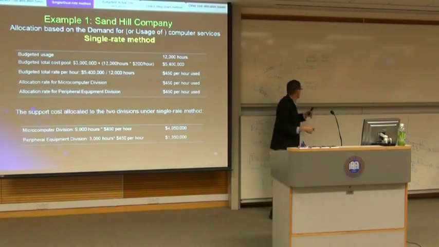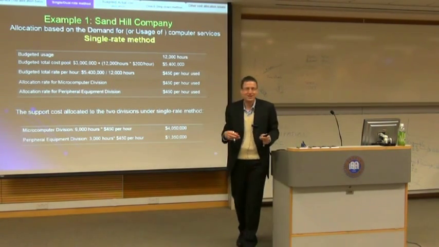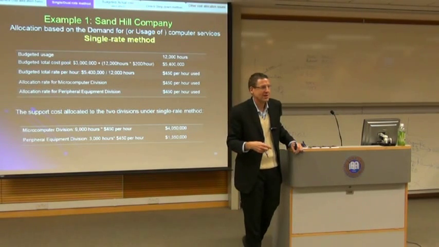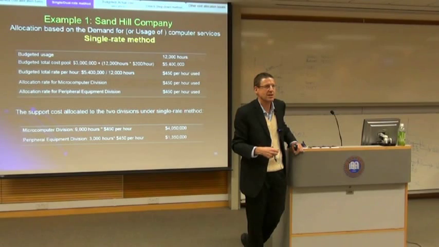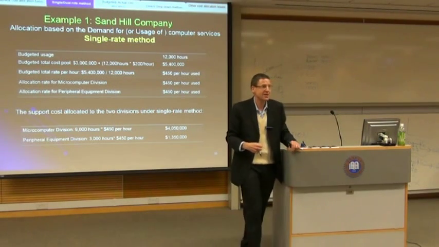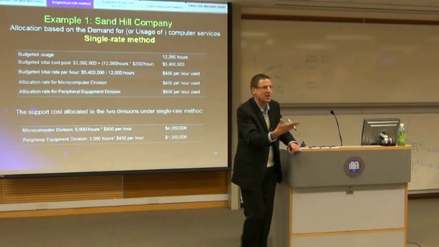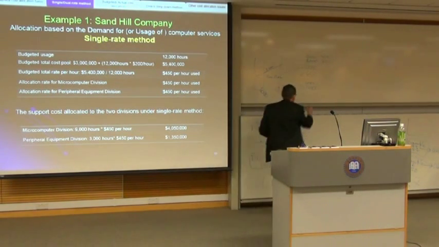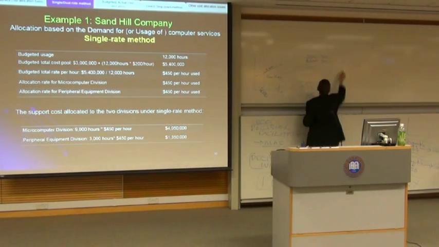Come on, help me. Where's your calculator? Is it more than 450 or less? It's more. How much? 490. So now it's 490, and so now let's allocate that 490 by 9,000 and by 3,000.